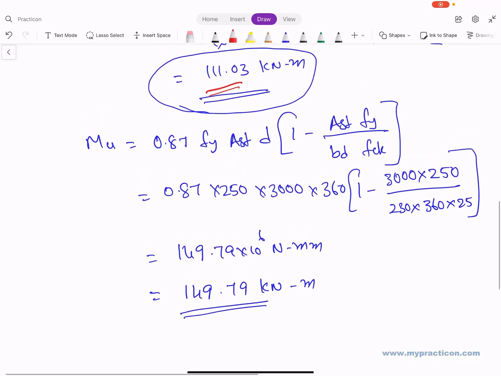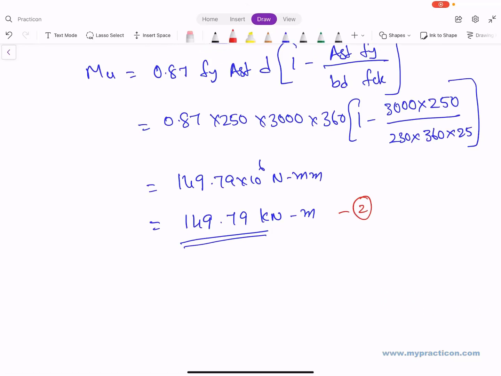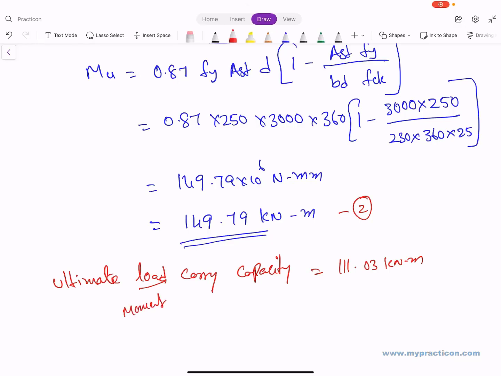So considering this and this, the ultimate moment equals the minimum one, 111.03 kilonewton meter. So the ultimate moment carrying capacity of the section is 111.03 kilonewton meter. Thank you.